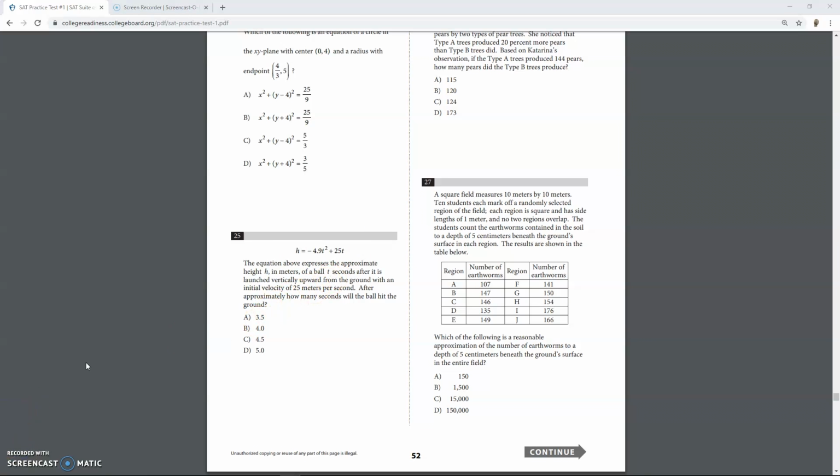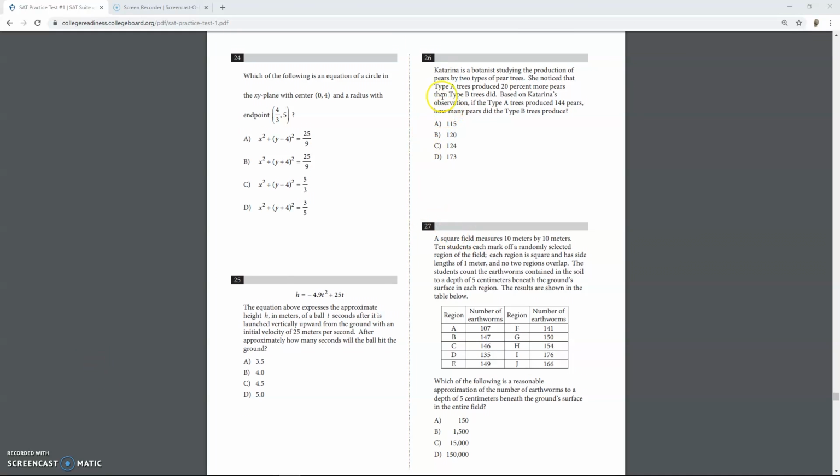The question wants to know what is t when the ball hits the ground, which will be when h equals 0. When h equals 0, 0 equals t times 25 minus 4.9t, which gives us t either equals 0 or t equals 25 over 4.9, which is approximately 5.0, giving us the answer of D.